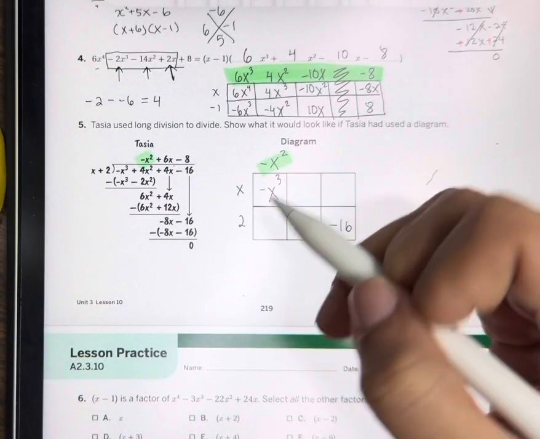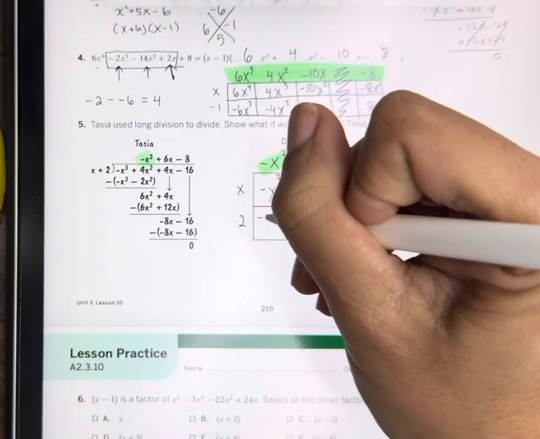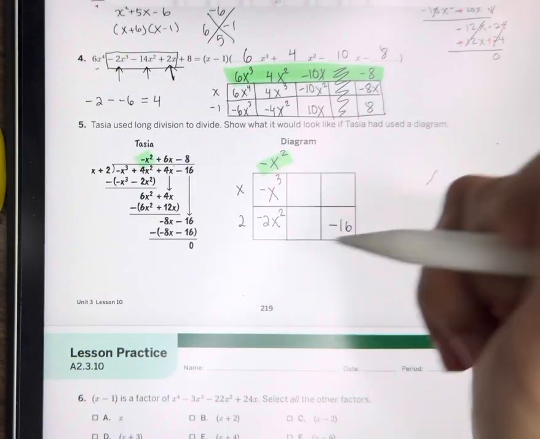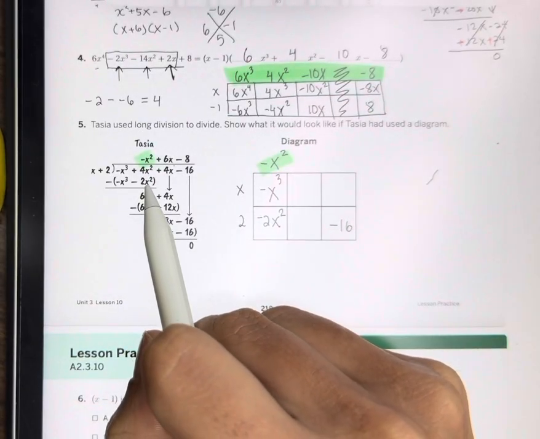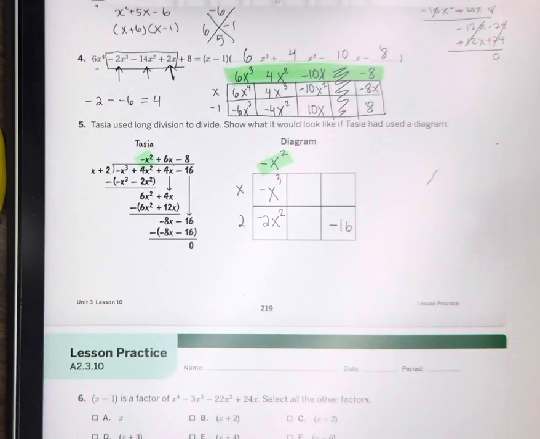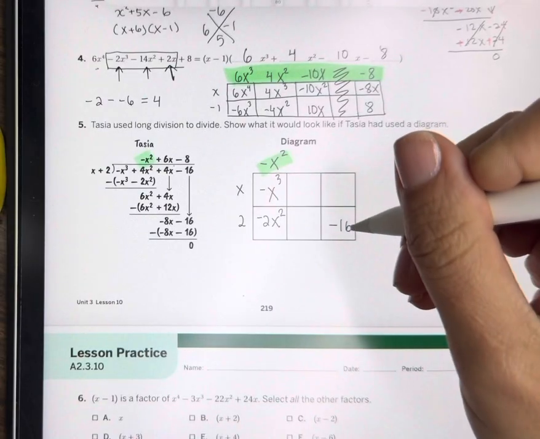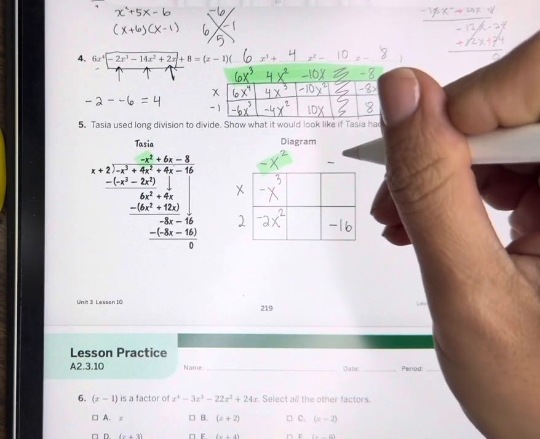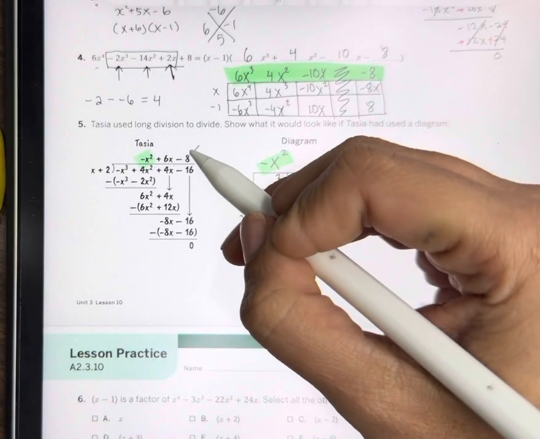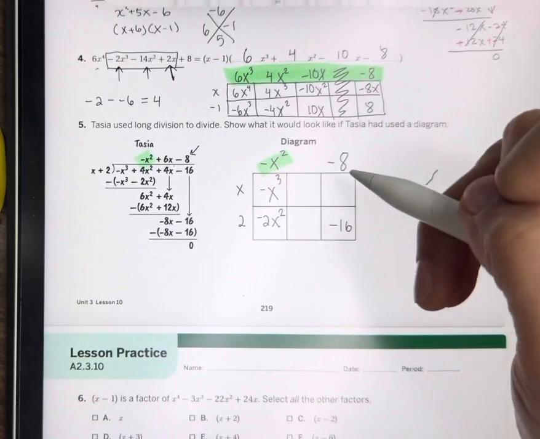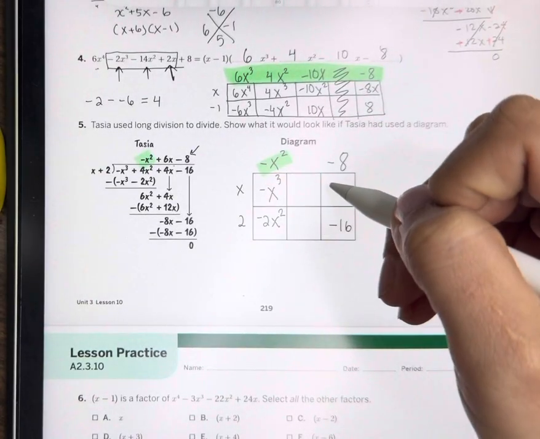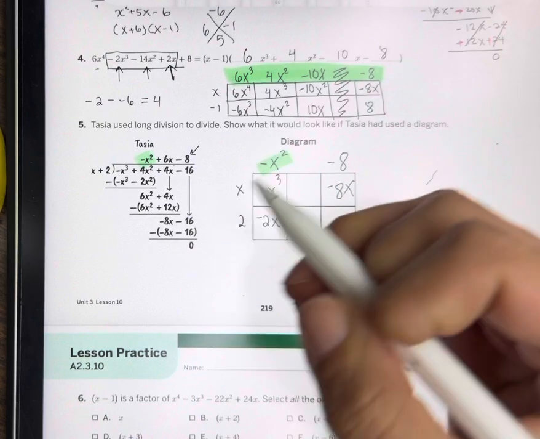And then negative x squared times 2 is negative 2x squared. And then, in order to get the negative 16, we need a negative 8 right here. And the negative 8 times x is a negative 8x, which is that.